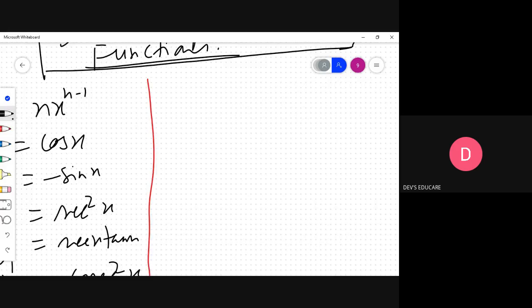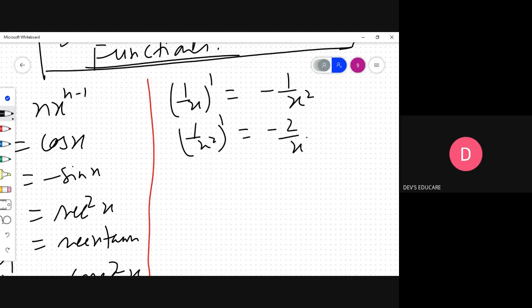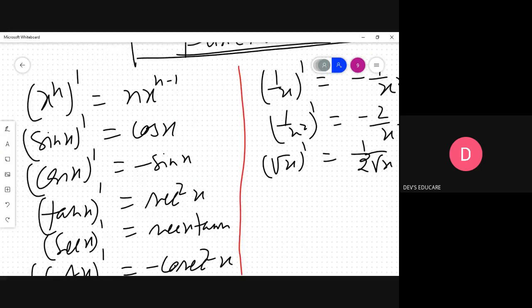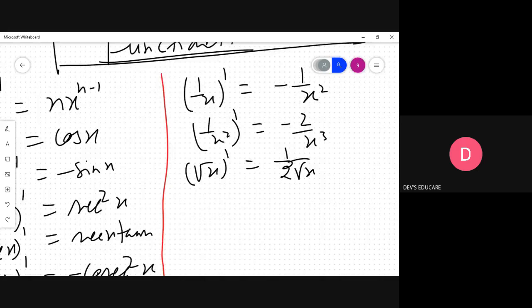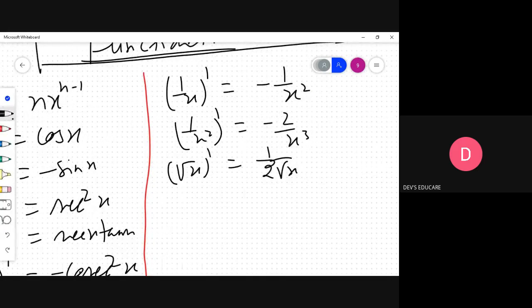So the derivative of 1 upon x is minus 1 upon x square. The derivative of 1 upon x square is minus 2 upon x cube, and so on, right? And the derivative of root x is 1 upon 2 root x. These can all be done with the first rule, but I am writing them because we shall be frequently using them without doing n x to the power n minus 1.